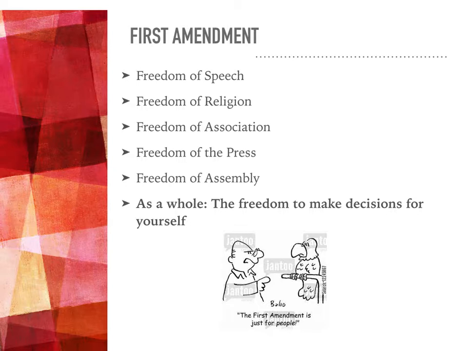It includes the freedom of association, the freedom to be a member of a group, the freedom of press, giving the press the right to publish articles about others as long as they are true, and the freedom of assembly, enabling us to join together to support or oppose a cause without fearing arrest. As a whole, the First Amendment relates to our individual rights to make decisions as individuals.